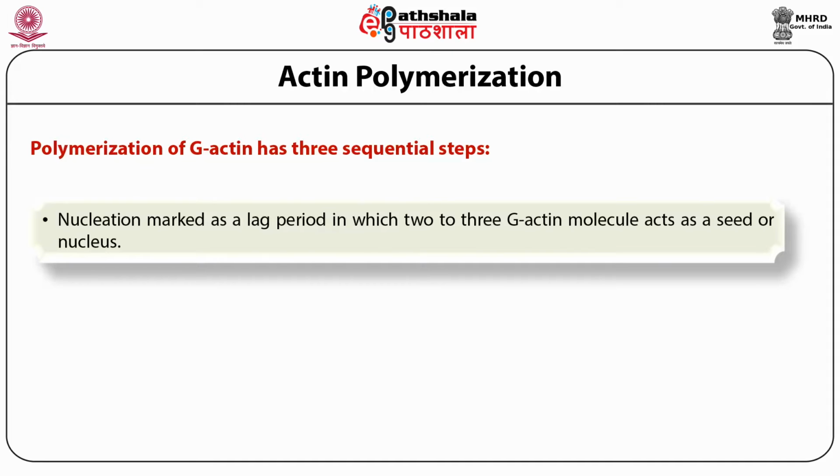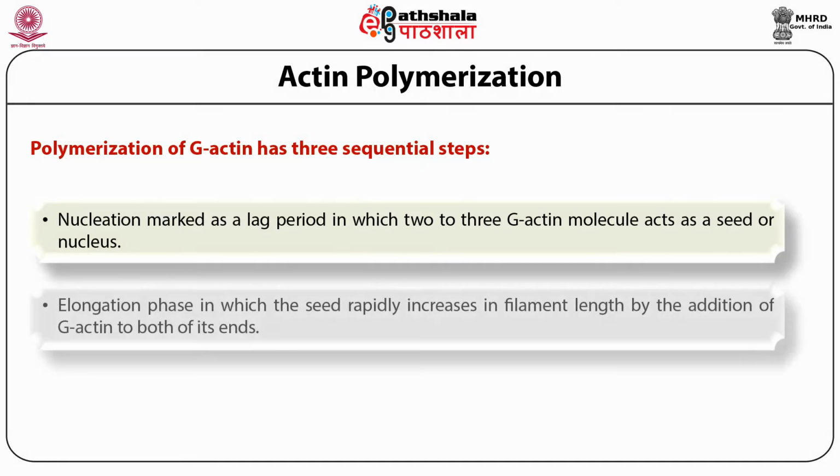So that is basically a small nucleus of F-actin beginning. Then the elongation phase, in which the seed rapidly increases in filament length by the addition of G-actin to both of its ends. So once the nucleus is formed, the actins attach to the nucleus and elongation takes place much faster.